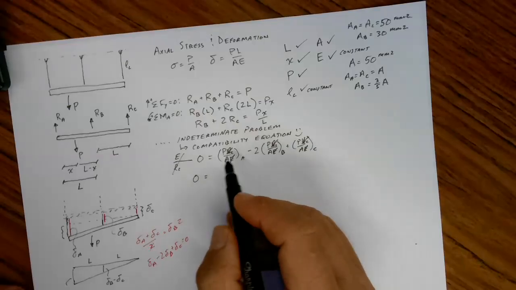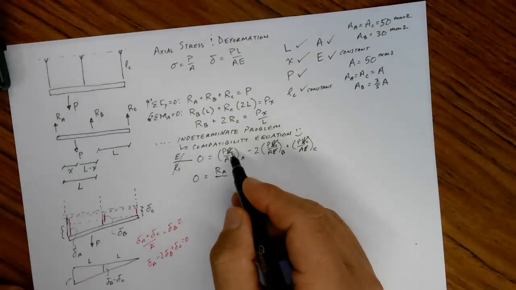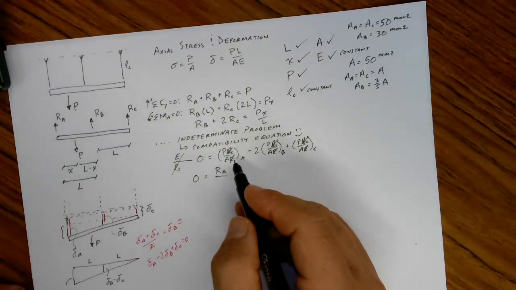Now P from A is the reaction of A, RA. LC over E cancels out.